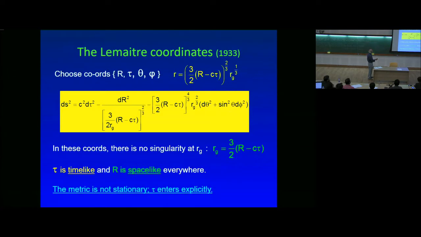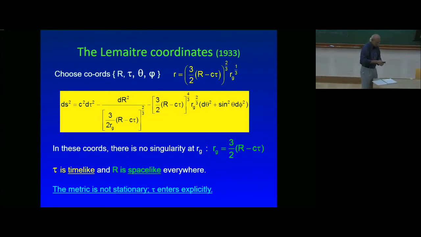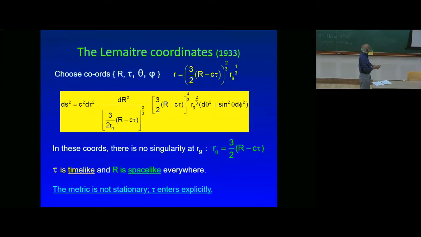And for the coordinate r, he will use the coordinate r1 we had written before of the freely falling particle. But for matter of convenience, it is better to define the new coordinate as capital R, which is related to our Schwarzschild coordinate r by this relation.